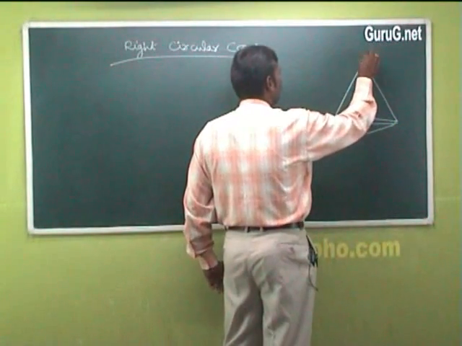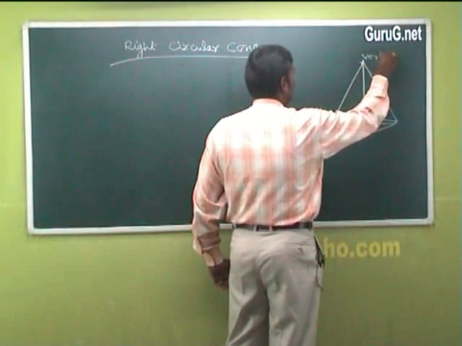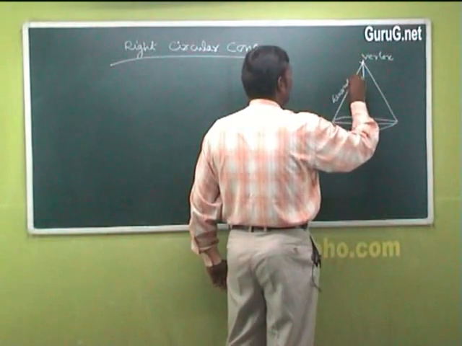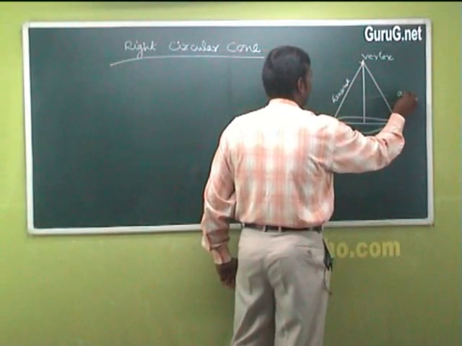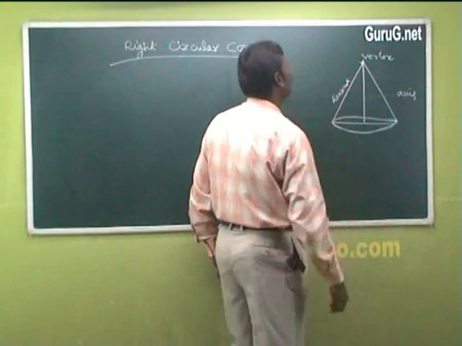So this is a fixed point, is a vertex, and this line is the generator. This fixed line is called axis, right? And this is the base curve, right?